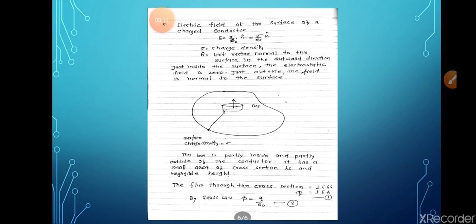And we know from Gauss law, phi equal to Q by epsilon 0, equation 2. So the left hand sides of equation 1 and equation 2 are the same. Therefore, E dot delta S equal to Q by epsilon 0. You can replace Q by sigma into delta S.